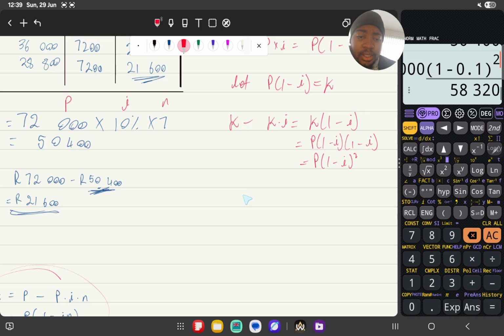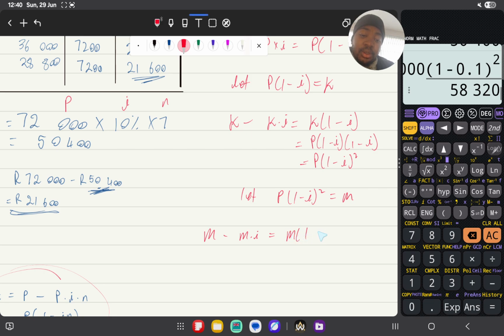Now I say let P into 1 minus I squared be M, right? So now I take my M, which is the new value of the car, and I minus the value of its depreciation amount, which is M times interest, right? I do my simplification.